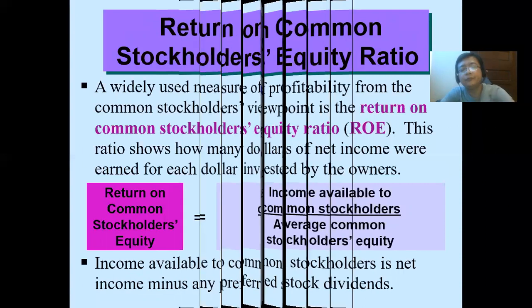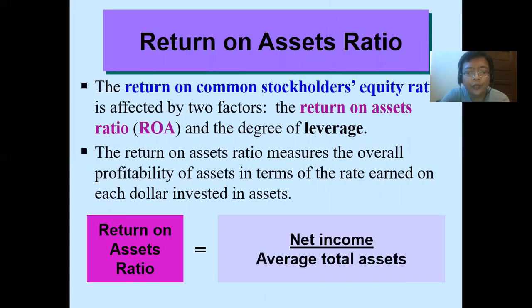Okay. You have also ROA. So later, maybe on Wednesday, we will discuss about DuPont. No? So kasi ito ay relevant no, in DuPont. So return on asset ratio. So it measures the overall profitability of the assets in terms of rate earned on each dollar invested in assets.